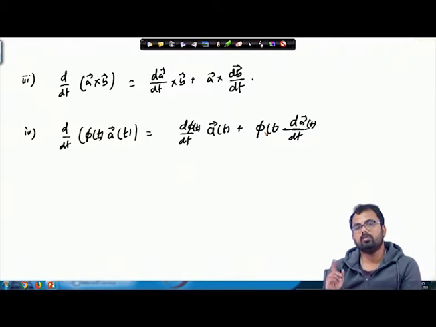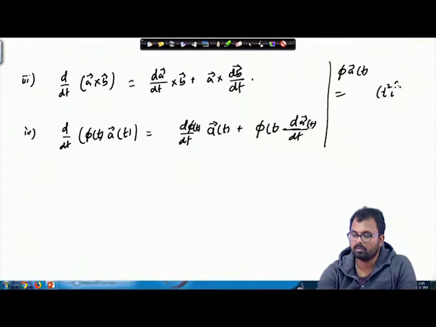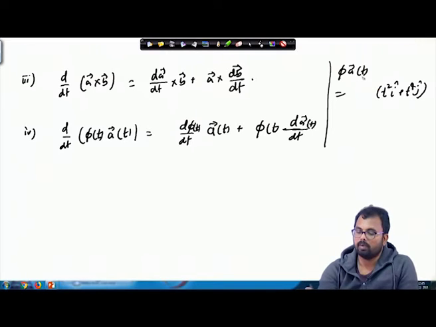When I say usual multiplication sense, it means that if we have phi times A(t), say our function A(t) is t squared i plus t to the power 4 j, and my phi function is a constant, say 2, then it will be a usual multiplication of these scalar quantities.